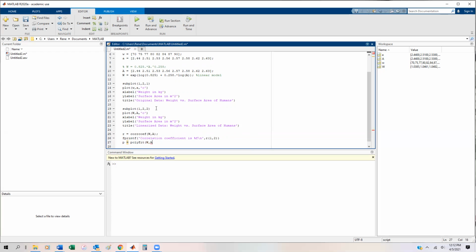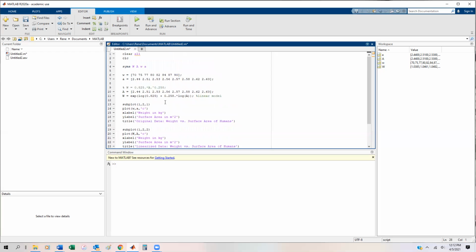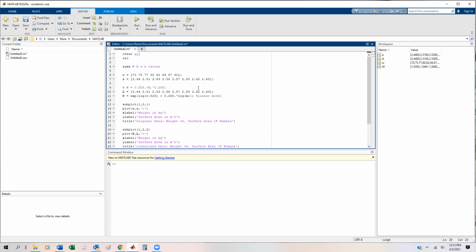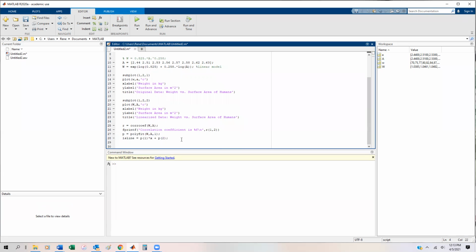So this is W, A, and we're going to get a first degree polynomial. Let's make an LS line variable up here. LS line is going to be equal to P(1) times X plus P(2). We should probably make X a symbolic variable as well. I try to refrain from using X as much as possible.